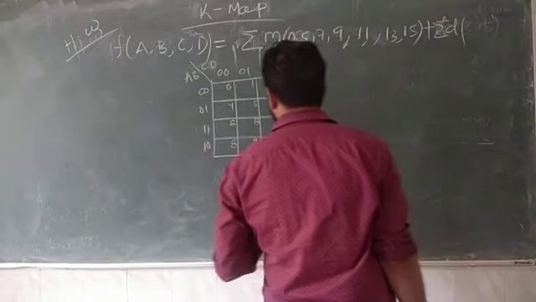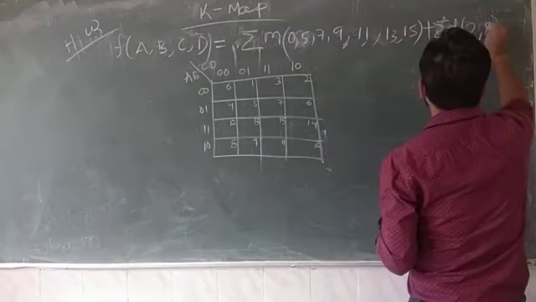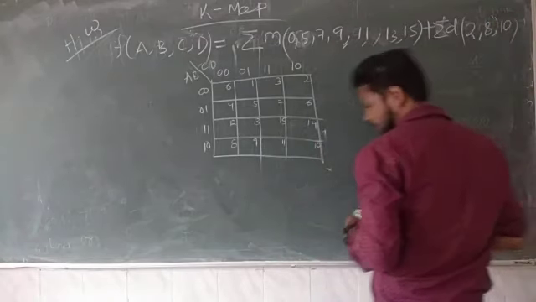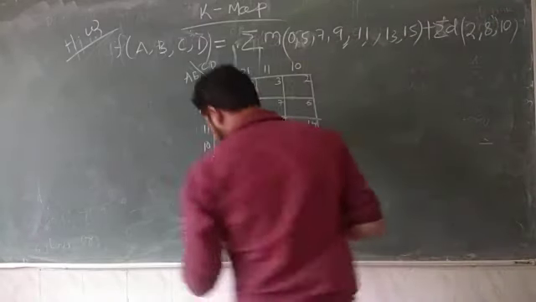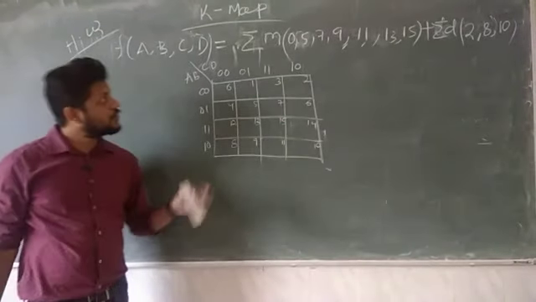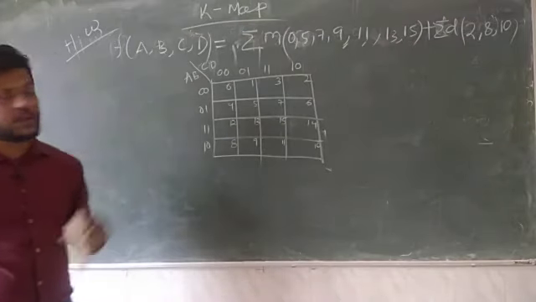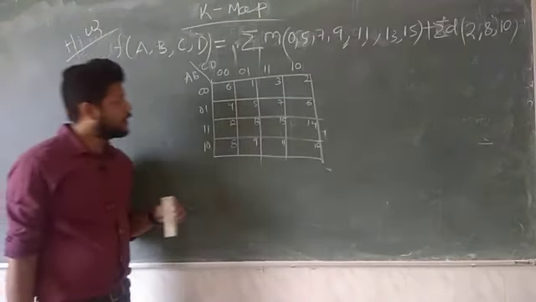Then we have don't care in 2, 8 and 10. So we need to minimize the above question. The question is given like this: M is 0, 5, 7, 9, 11, 13 and 15. We have don't care like 2, 8 and 10.